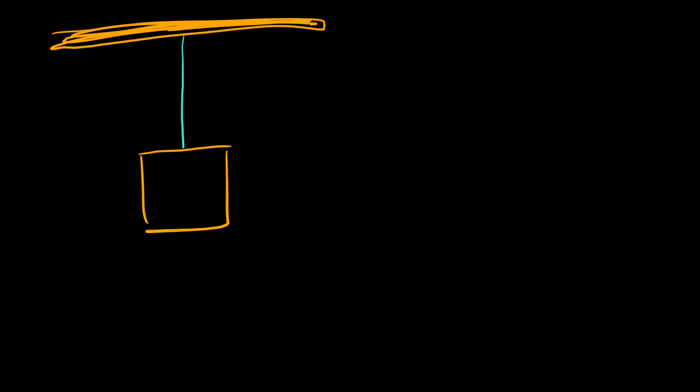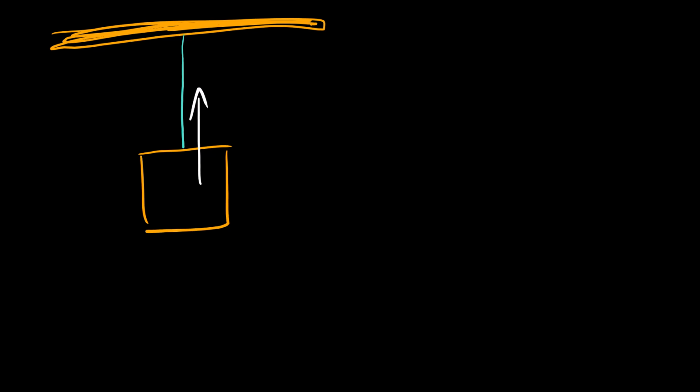Our next example, it's an object which is connected with the ceiling, and then it's connected using a rope. Now, what is the free body diagram? How many forces are acting on this object? Whenever we have a rope, we must think about tension.